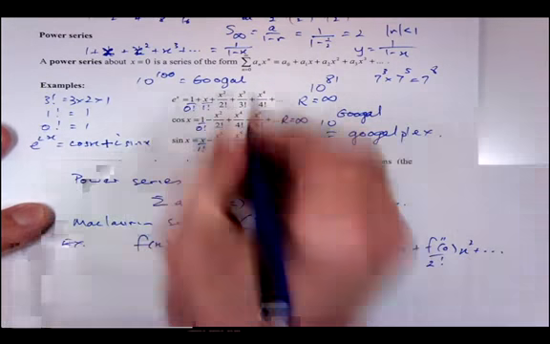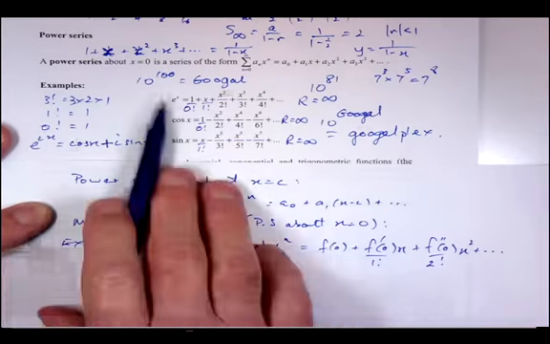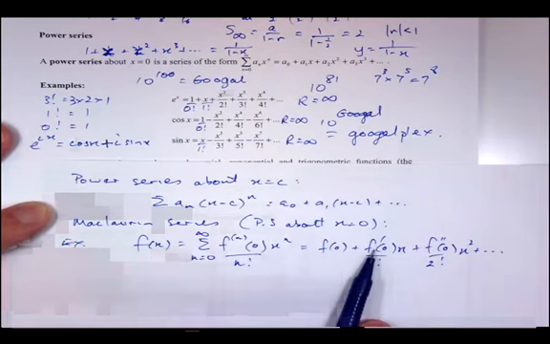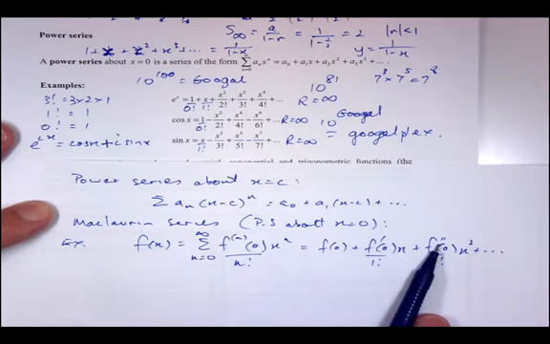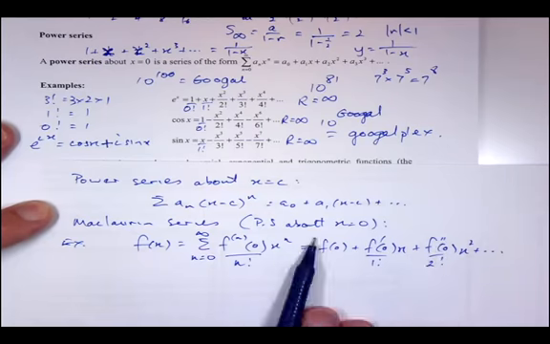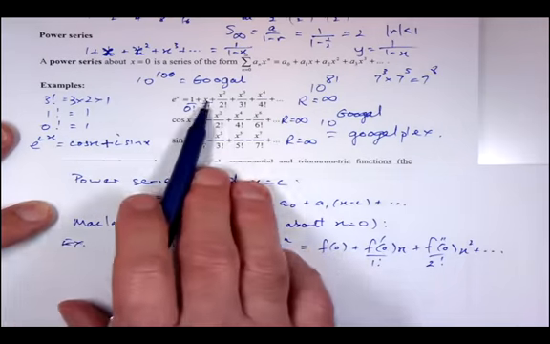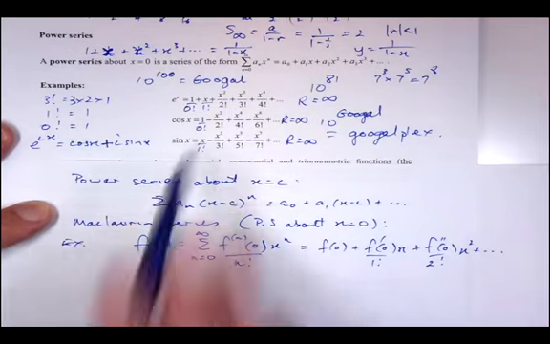The first one's pretty easy, because if we have an exponential function, e to the 0 is 1, and the first derivative of e to the x at 0 is 1, and the second derivative of e to the x at 0 is 1. So they're all 1s, aren't they? And if you put 1s all the way through there, that's exactly the power series you get, dividing by the bigger and bigger factorials. Your task then is to have a look at cos and sine.